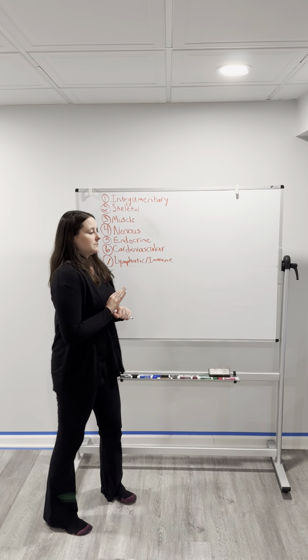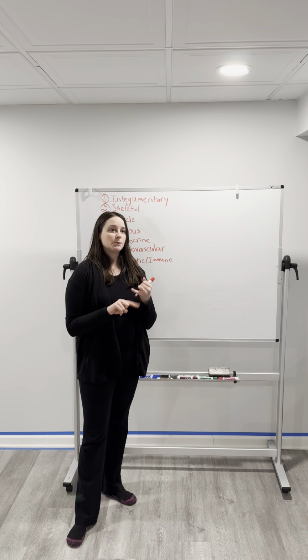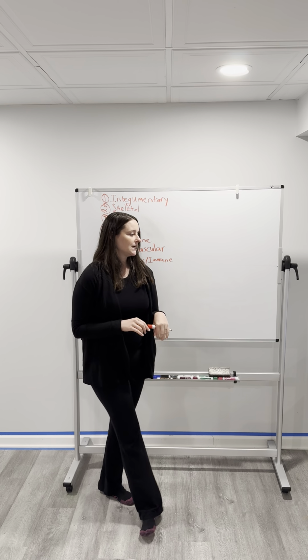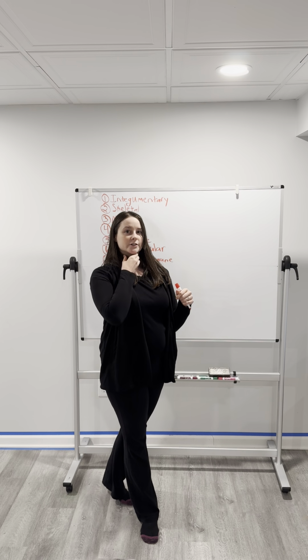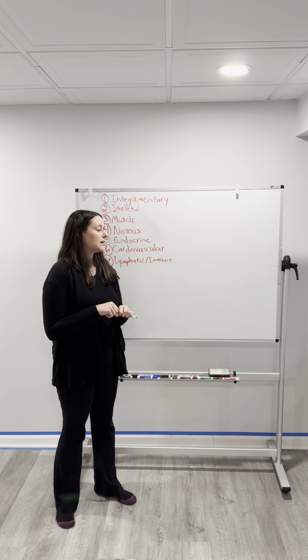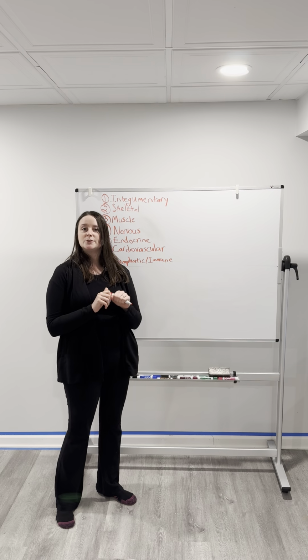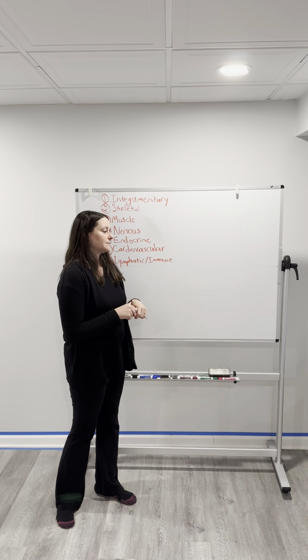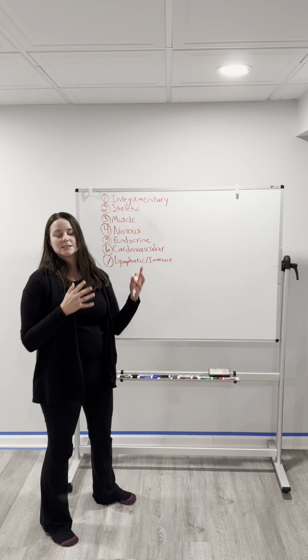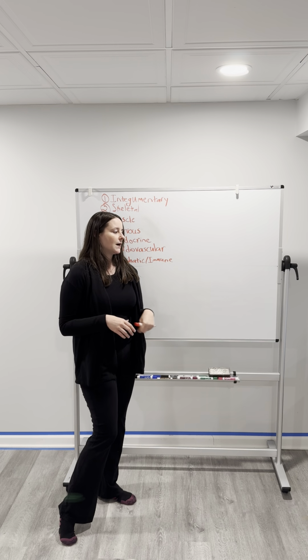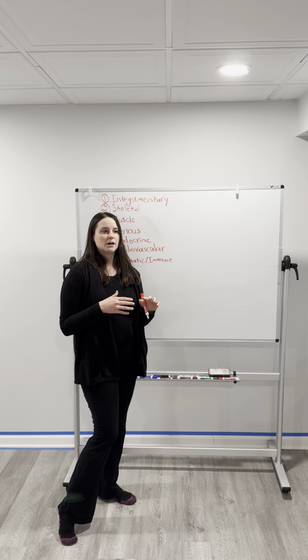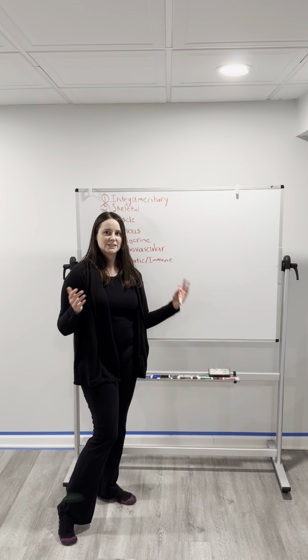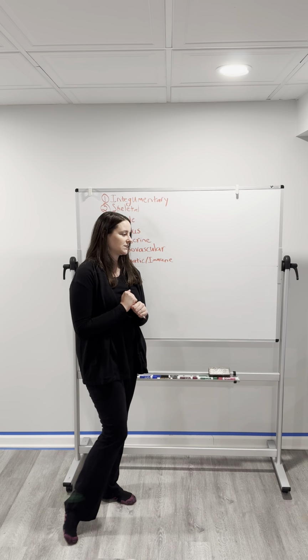The lymphatic system also includes the spleen, the thymus, lymph nodes. Our tonsils are part of the immune system, and then our immune cells like B cells and T cells. So the lymphatic system helps to filter our blood to help clear out any sort of foreign material like pathogens, bacteria, anything that could potentially harm us.